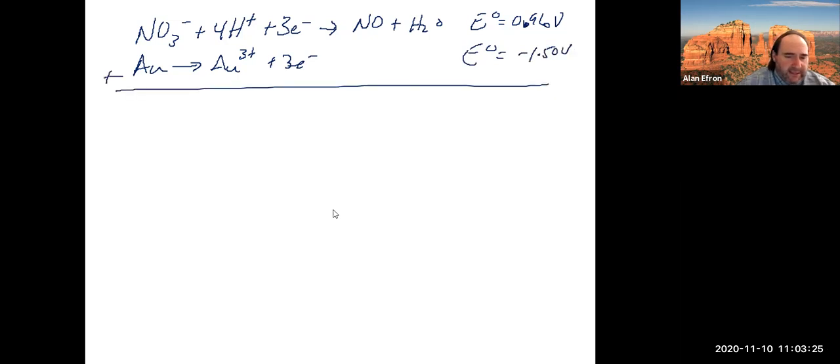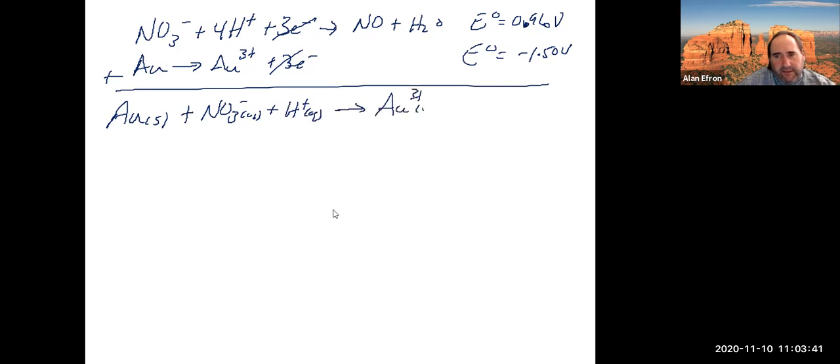When you add this together, our electrons would cancel, leaving us with what the question really asks. If you take some gold metal and react it with nitric acid, which is essentially these two together, you form gold 3 ions and some other stuff, NO, plus our waters that would technically be there as well.